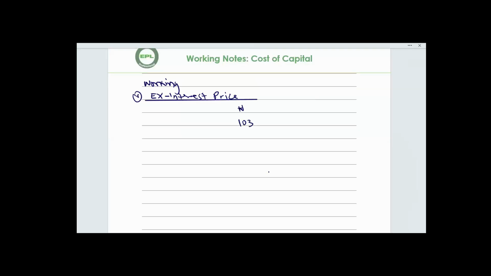But because today is 28th December 2018, and this company has a policy of paying debenture interest every 31st of December, therefore, it means that the market price of 103 naira is cum-int price. And we don't use cum-int price to calculate cost of capital. It has to be X-int price. So that's why, to the price, we deduct interest from the cum-int price.